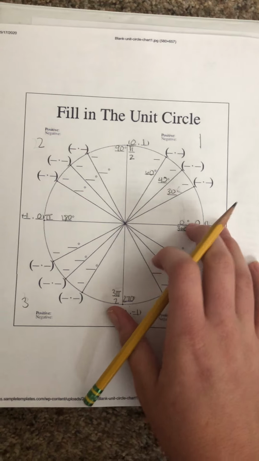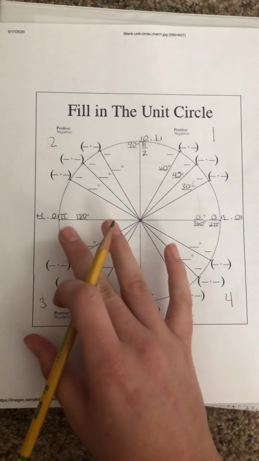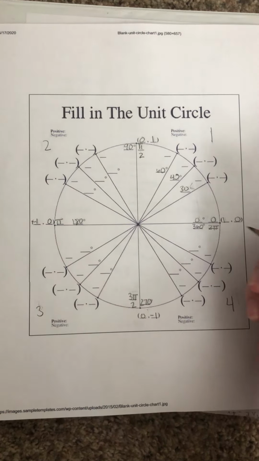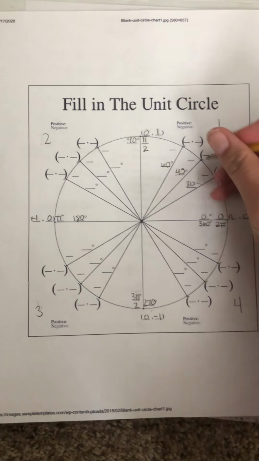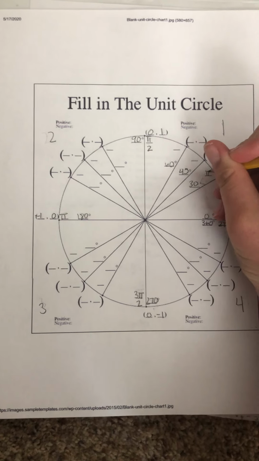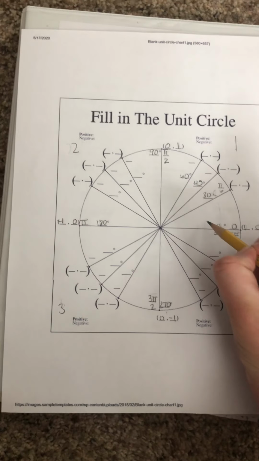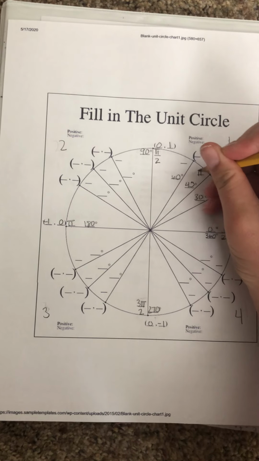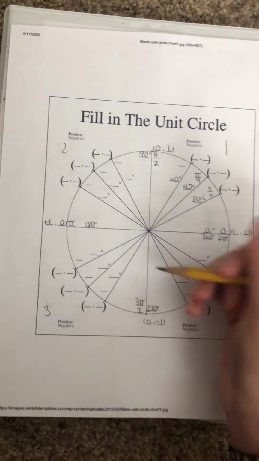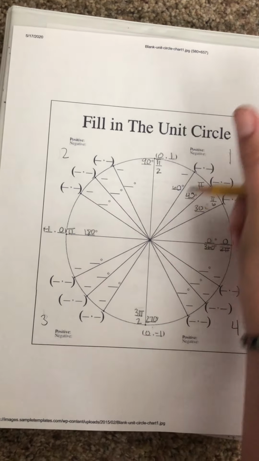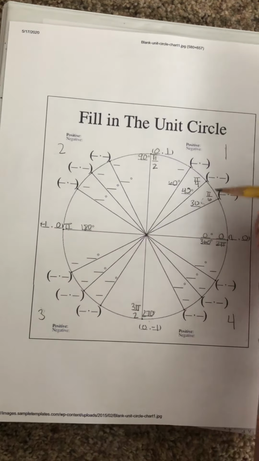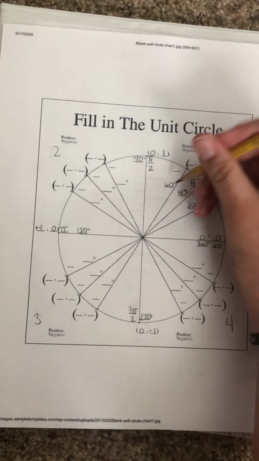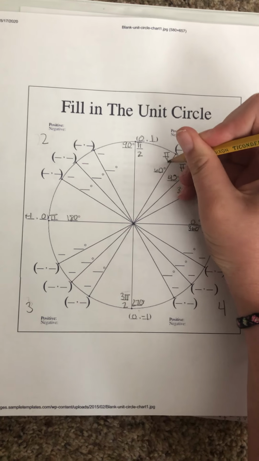Given that it's 1/6 of the first 2 quadrants and this is pi, 1/6 of it would be pi over 6. 1/4 of pi would be pi over 4. And similarly, this would be 1/3 of the first 2 quadrants, which is pi over 3.